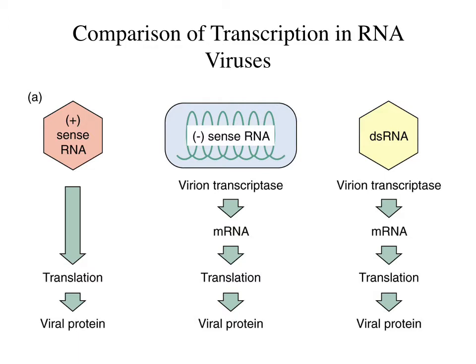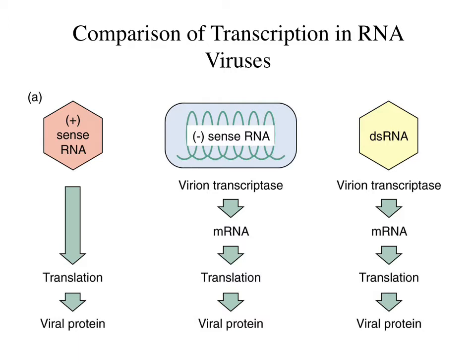So you have to go through a transcription stage, which requires a specific virus transcriptase, the RDRP, or RNA-dependent RNA polymerase. And that has to be carried in the virion.